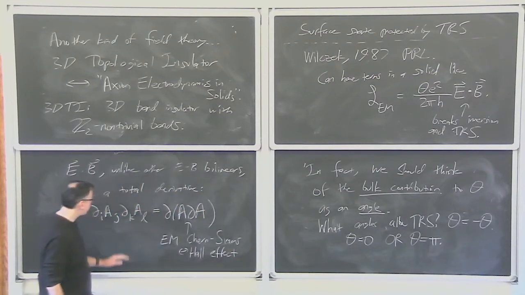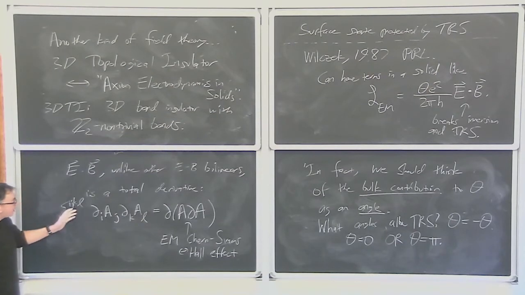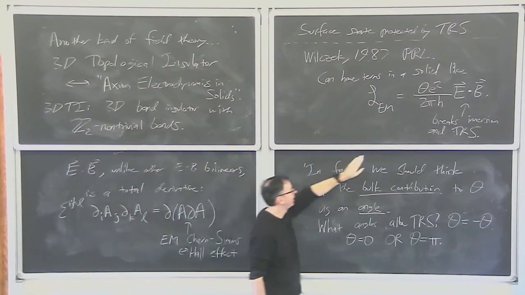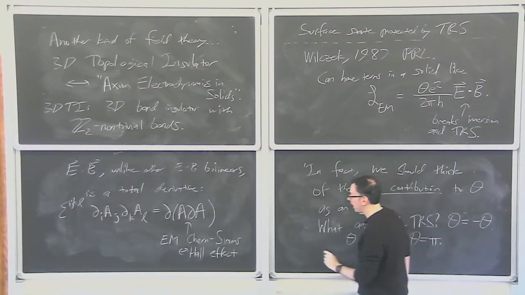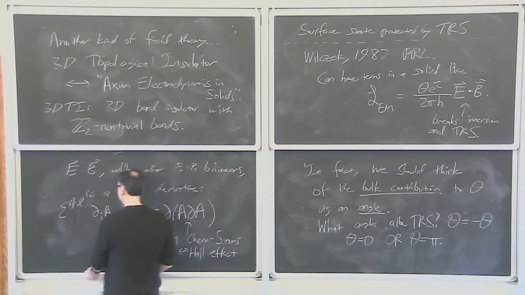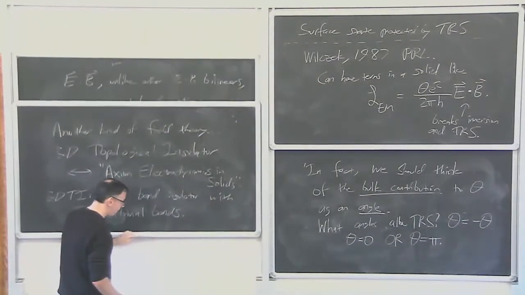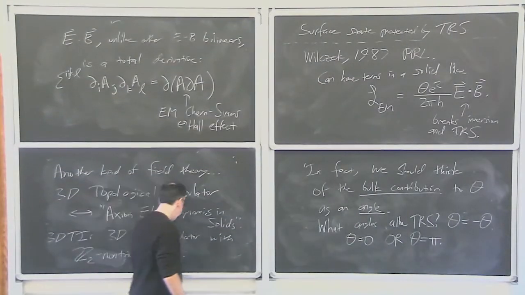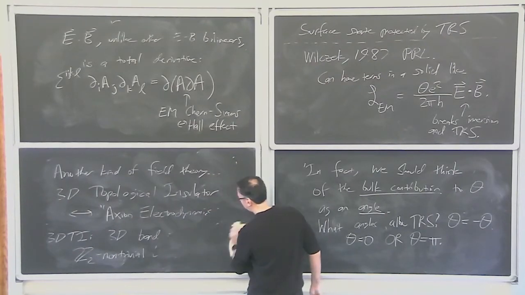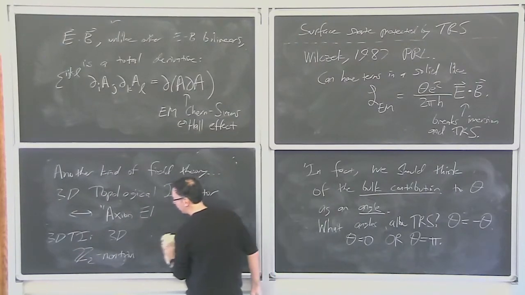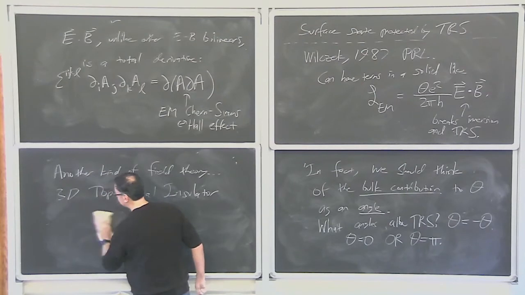So what's the physical meaning of this relationship? In other words, to say a material has E dot B in bulk, that's some bulk 3 plus 1 dimensional term in the Lagrangian. What could that have to do with the surface? Well, here's the idea. Think about what is the physical consequence of having a Hall effect at the surface of some 3D slab?